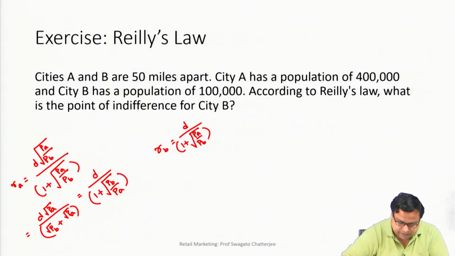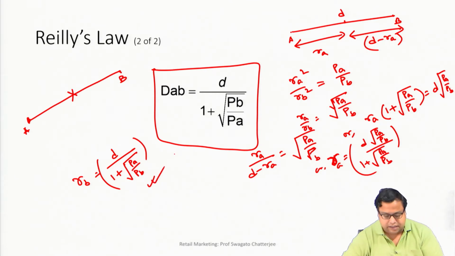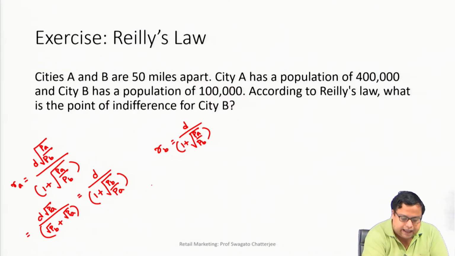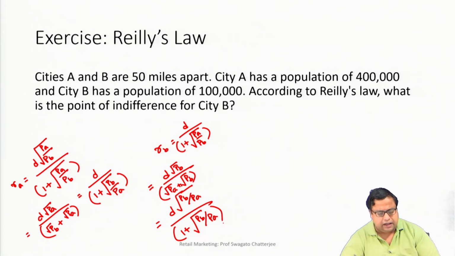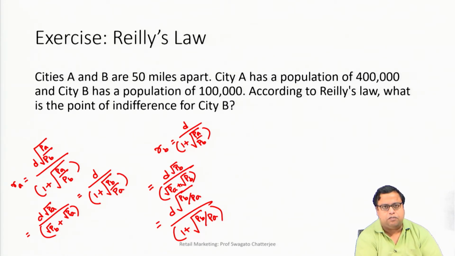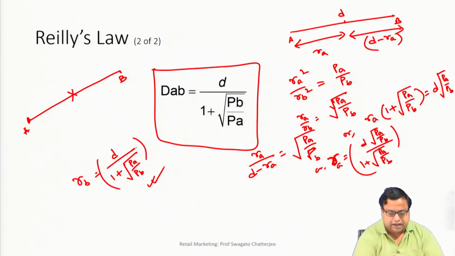If I multiply by PB at the top, I can write it as root PA plus root PB, and then dividing by PA, I get D into root PB by PA divided by 1 plus root PB by PA. This is the second part of the formula that I have just derived.